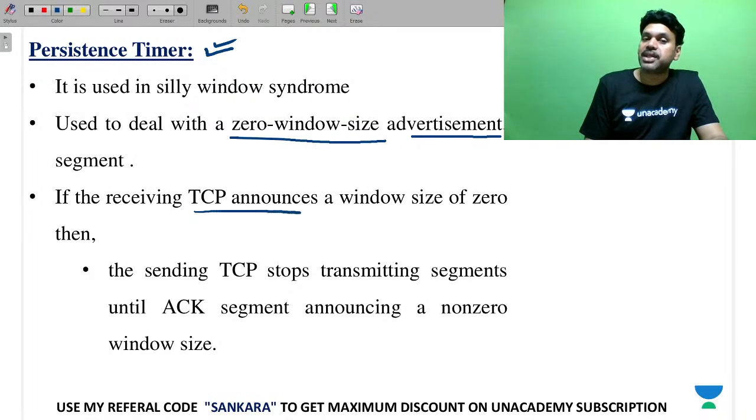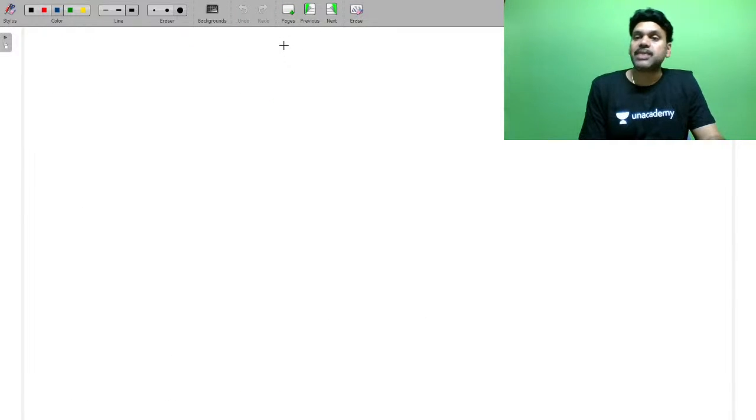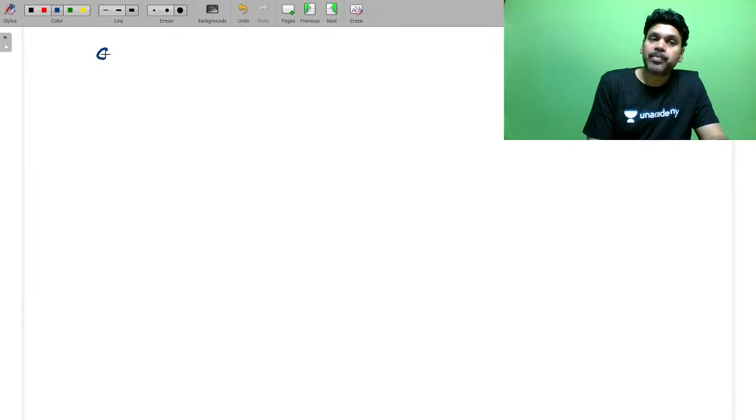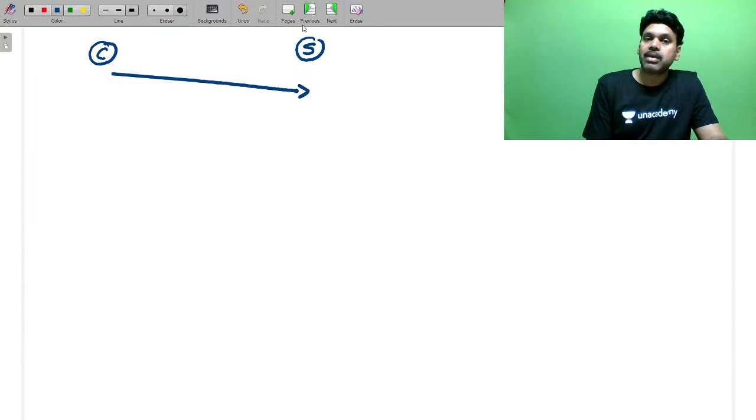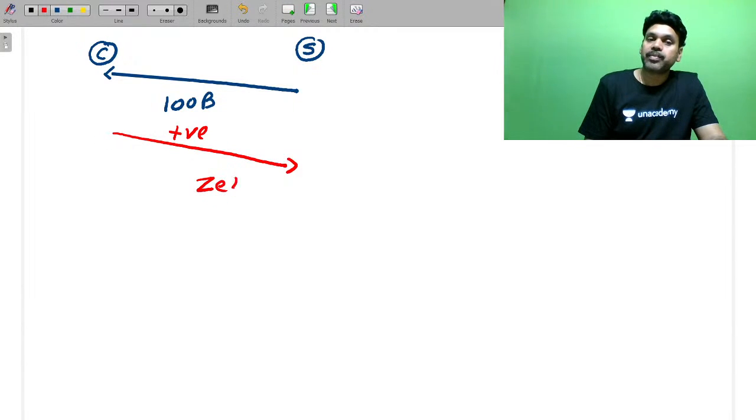So if the receiving TCP announces a zero window size, then sender and receiver both are going to be waiting. Now I am telling you, there is a client and there is a server, and the server initially pushed something like 100 bytes. If the client is unable to process the data, it gives an acknowledgement of 0.